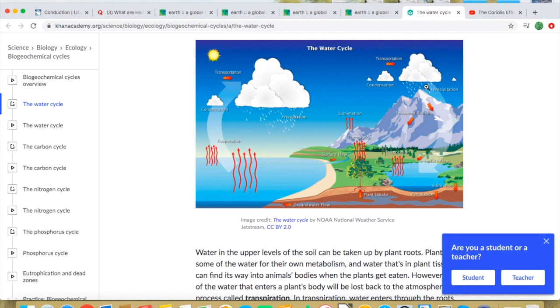And we've also looked at high and low pressure cells or systems, where a low pressure system is associated with warm, moist air and rainfall events, and a high pressure system is associated with cool, dry air and clear skies. That's everything I want you to know for climate. I'm also going to include two videos at the end of this to make sure, especially, that the Coriolis effect is making sense to you.